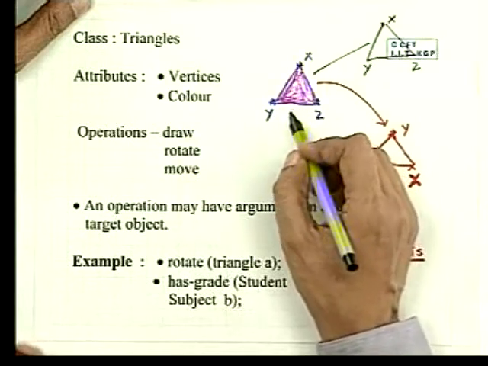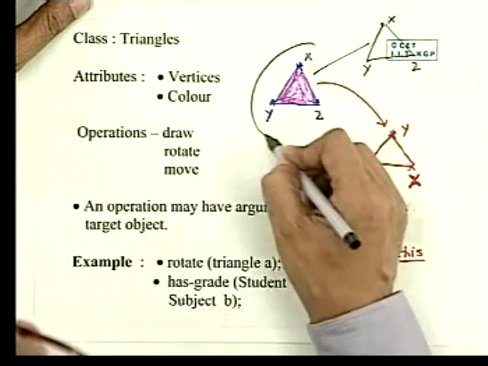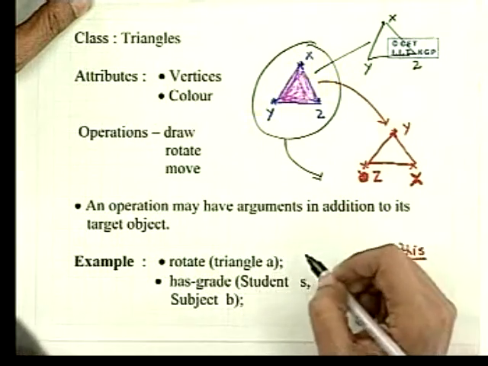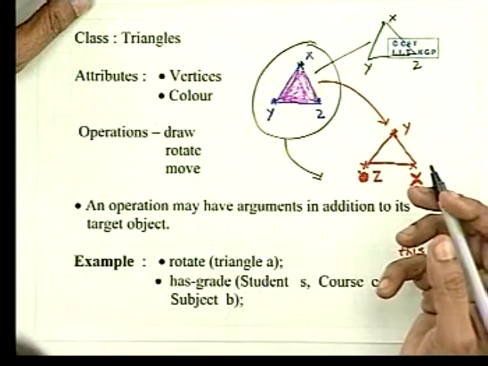For example, we say rotate this triangle, meaning we can rotate this triangle itself to another location, or we can say rotate the triangle by a certain angle.